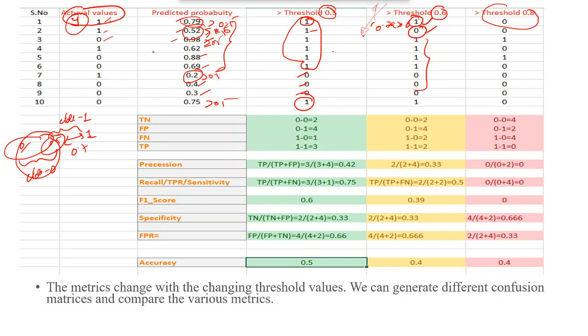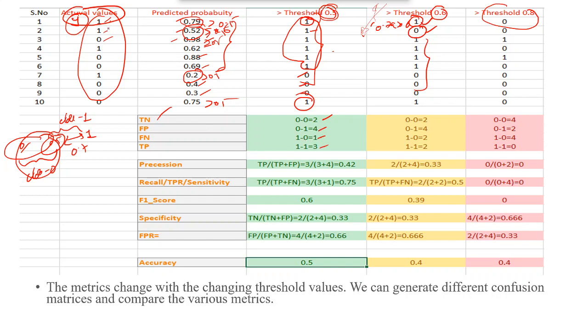Here I am considering a matrix with the actual values, and this is the result when the threshold value is 0.5. If you compare these values, 0 to 0 here, the number is 2, which is considered a true negative. 0 to 1 is considered 4, 1 to 0 is 1, and 1 to 1 is 3.